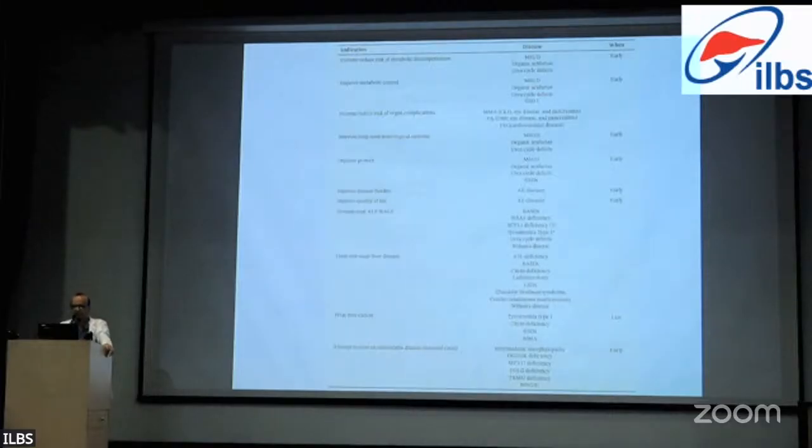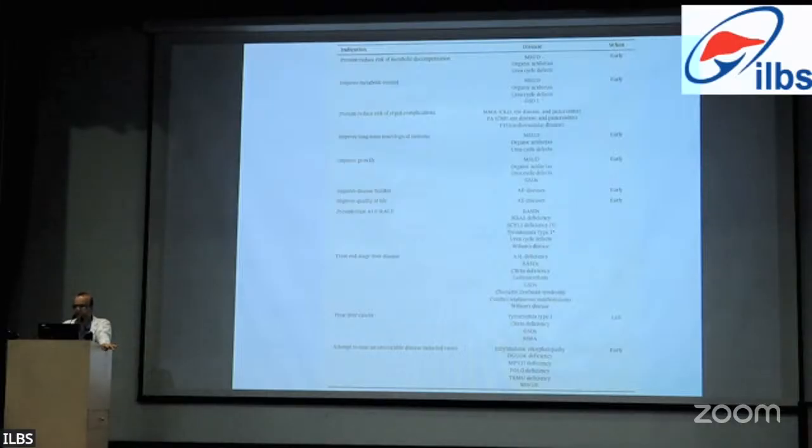So this is a summary of indication, disease, and when to offer transplantation. Usually these are to prevent or reduce risk of metabolic decompensation, improve metabolic control, prevent or reduce organ transplant complications, improve long-term neurological outcomes, improve growth, improve disease burden and quality of life, prevent ALF or recurrent acute liver injuries, treat end-stage liver disease, treat liver cancer, attempt to treat an unsuitable disease, selected cases.